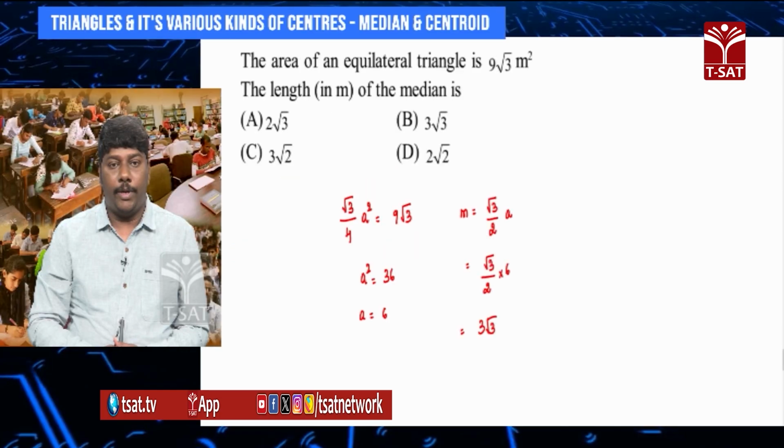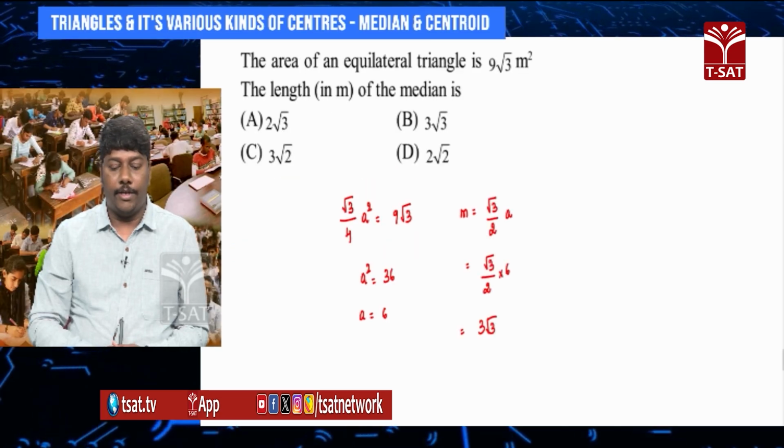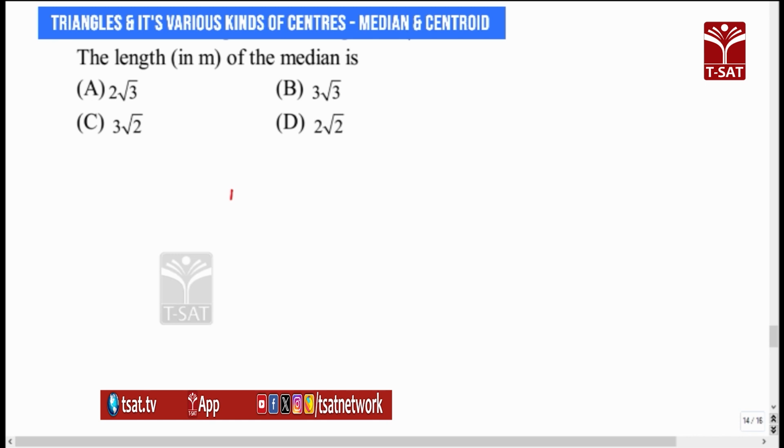This is one way of doing it, and the other way of doing it is: area is equal to h square by √3, or else we can say the area of an equilateral triangle is equal to median square by √3. So, the area is given as 9√3, which is equal to median square by √3.